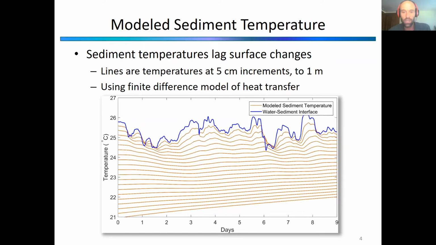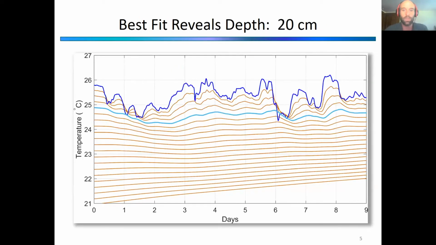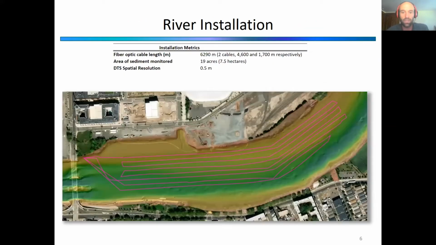And we just match our observed fiber temperature at a location to the modeled sediment temperature. And then from that, it creates a very easy approach to back out the burial depth. And this is then highly scalable. So if we can do it at a single location, we can basically do it at all of the locations along a fiber.